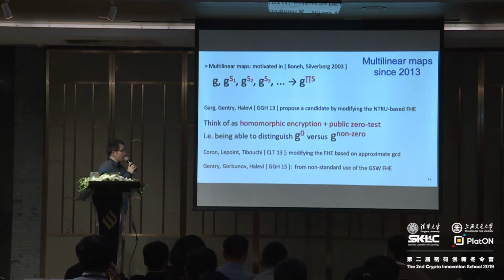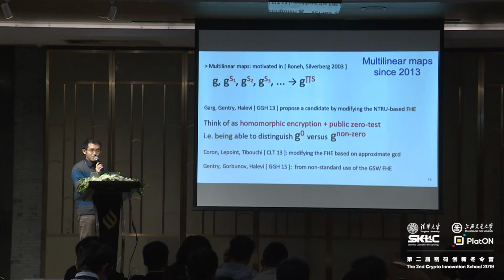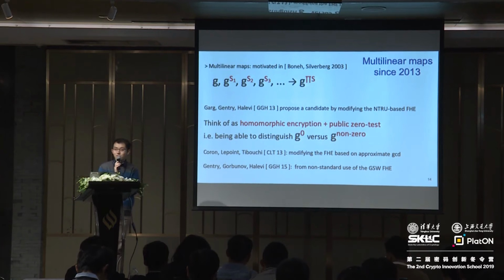CLT13 is based on an FHE scheme from the approximate GCD problem, which is also sort of a lattice problem because the best attack is a lattice attack. And GGH15 is from another way of viewing the GSW FHE, which Vinod talked about yesterday.